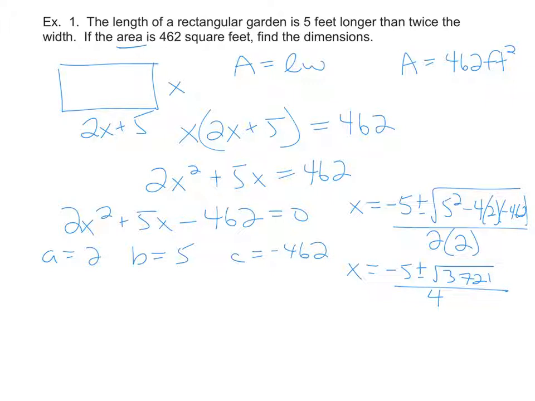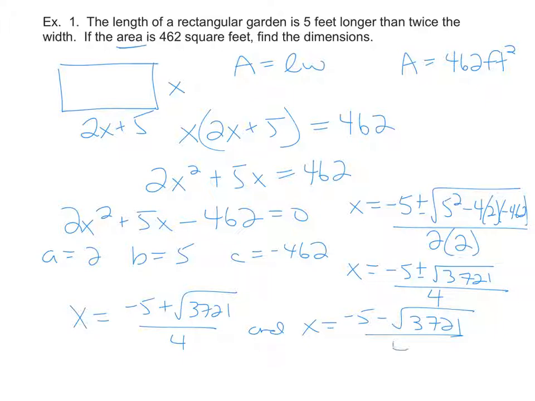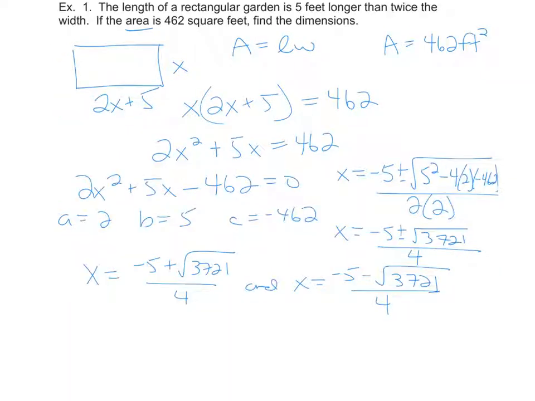So I'm not even going to worry about trying to simplify the square root of 3721. I'm going to just put it into my calculator. Now remember, what I have here is x equals negative 5 plus the square root of 3721 divided by 4, and x equals negative 5 minus that. Those are going to be my two solutions.